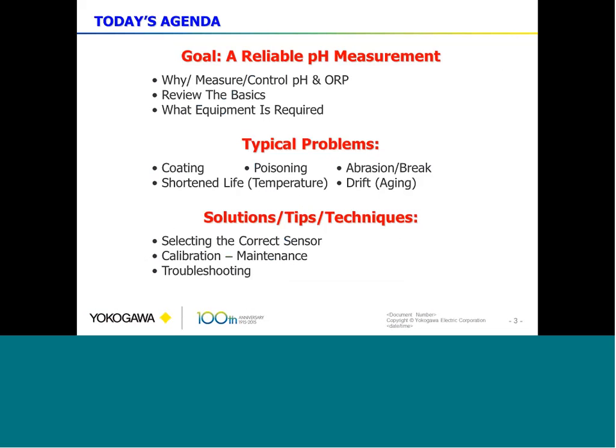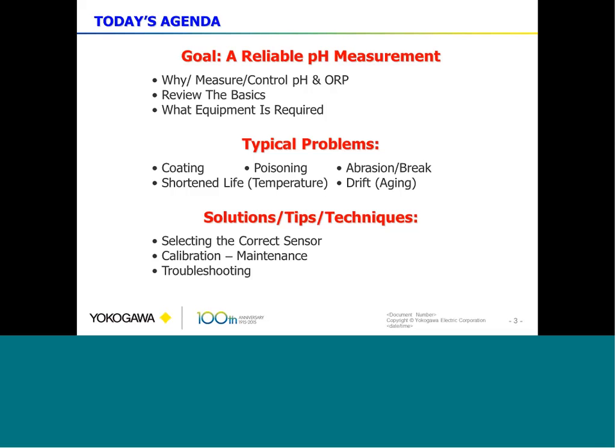Our goal today is, as you can read, we want to provide some information to help you get a reliable measurement for pH and ORP. There's a wide variety of industrial applications which rely on pH and ORP, and our intent is to review some key issues to help you achieve that successful measurement.